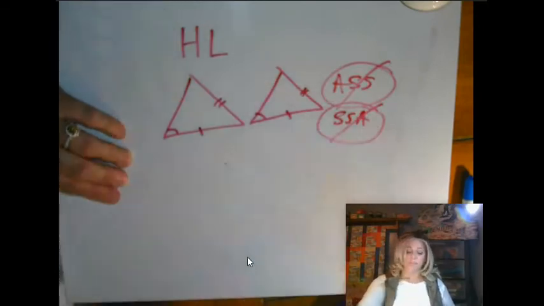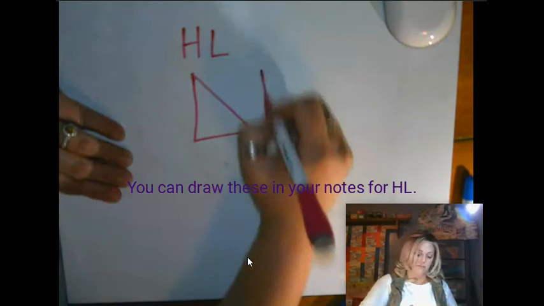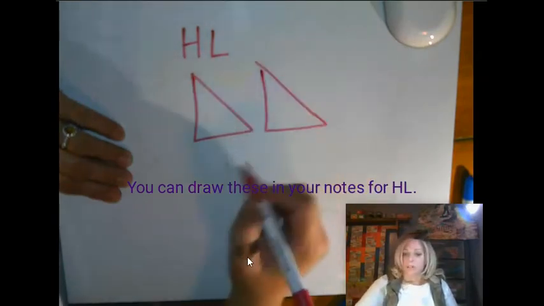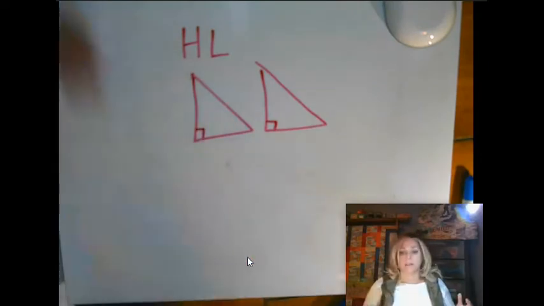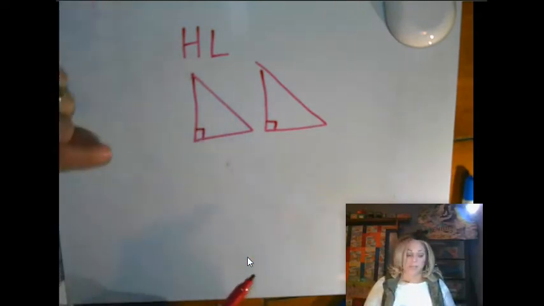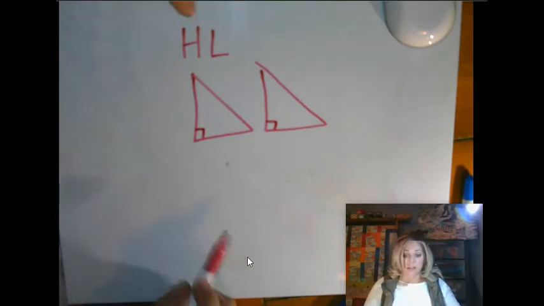So what you're going to do is when it comes to a right triangle, and only a right triangle, that rule actually works. But we don't call it ASS because then you might think it works all the time. We actually call it HL because a right triangle has a hypotenuse and a leg. In fact, a right triangle is the only type of triangle that has the hypotenuse.